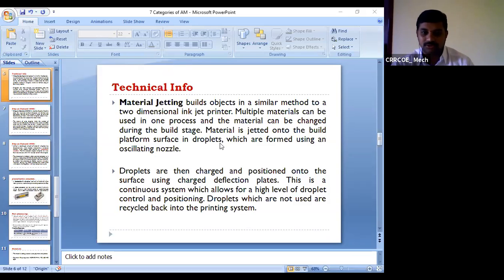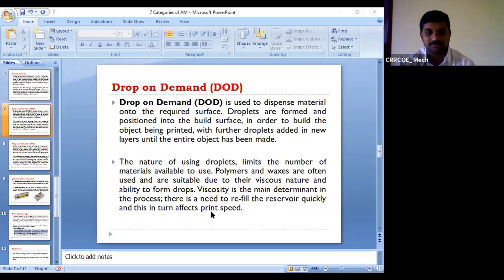So it is similar to 2D, two-dimensional printing technology. If some of the droplets are not used, they can be recycled and sent back to the printing system.